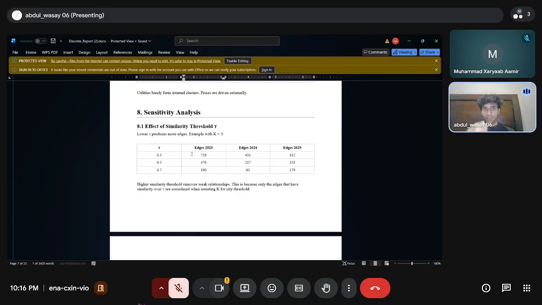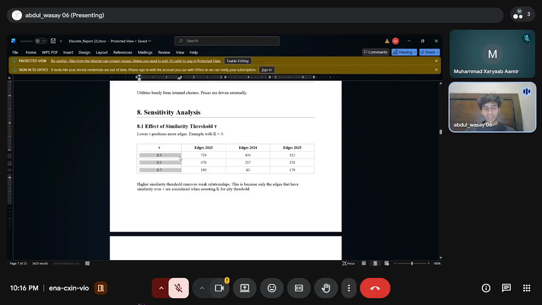There's also another limiting factor: we have to have the same edge in at least k number of cities. In this example, we took k equal to 3, and we checked on different values of tau, and we got these edge results.